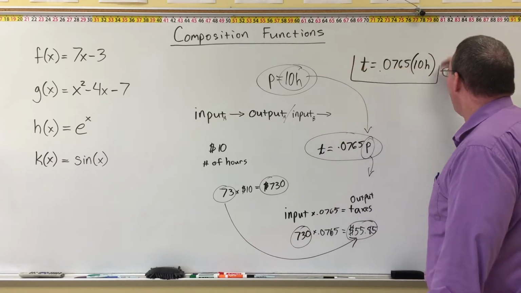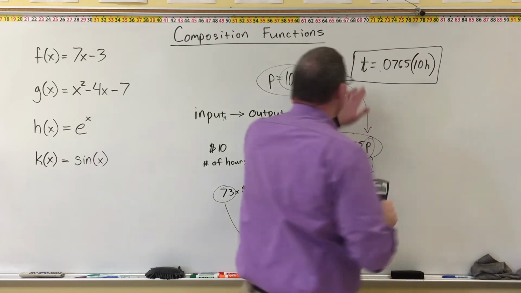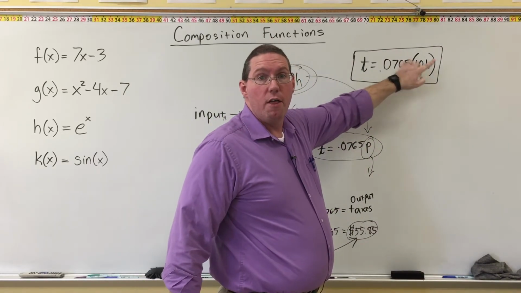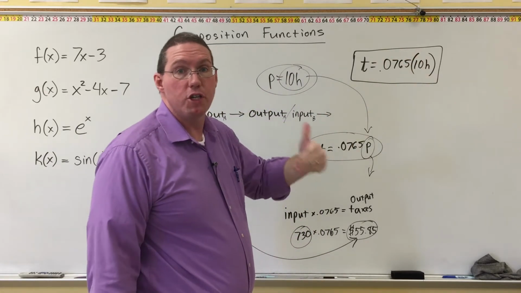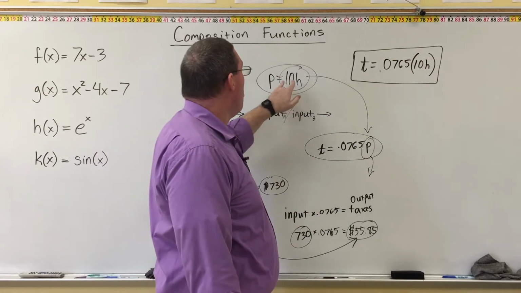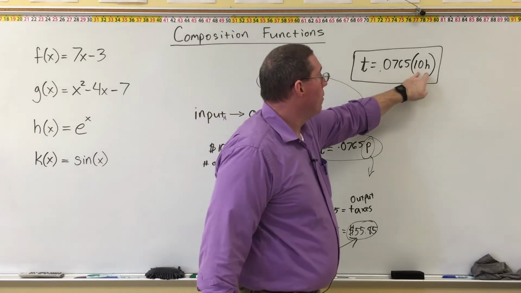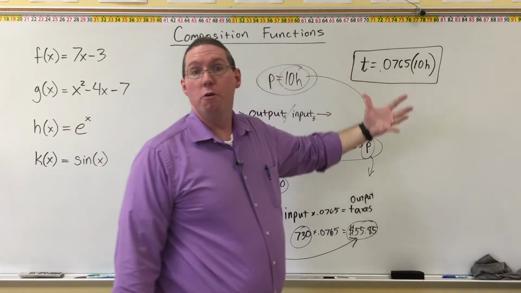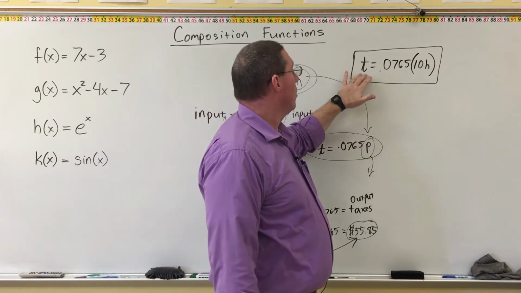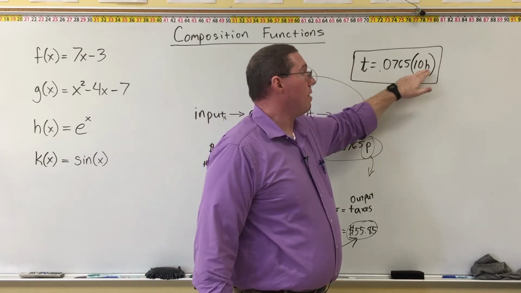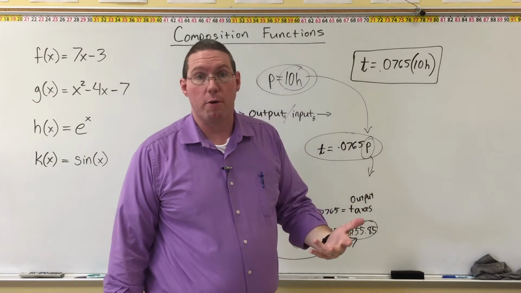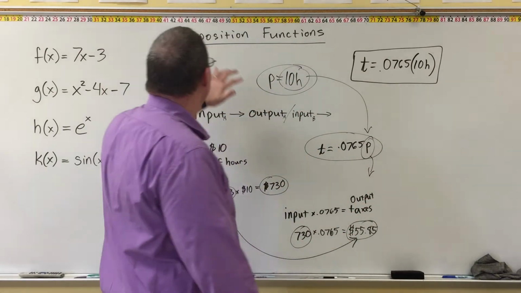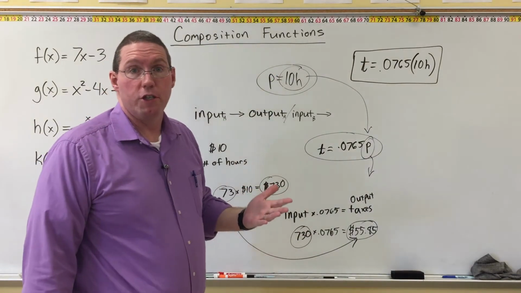Now we have taxes as a function of hours worked. This is a composition function. We put one function in for a variable in another function and make a new function where taxes are determined by the input of hours. We're skipping a step of calculation.